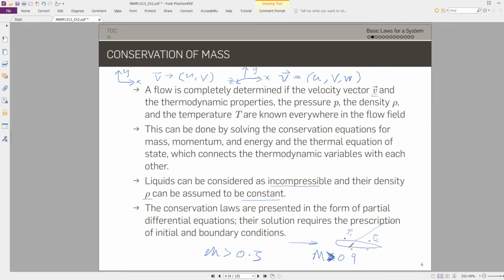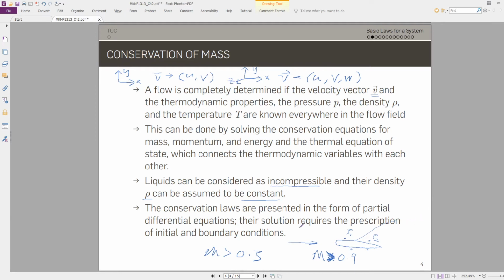So the conservation laws are presented in the form of partial differential equations, and sometimes the laws are represented in integral form, and often we may find these conservation laws represented in tensor equations.